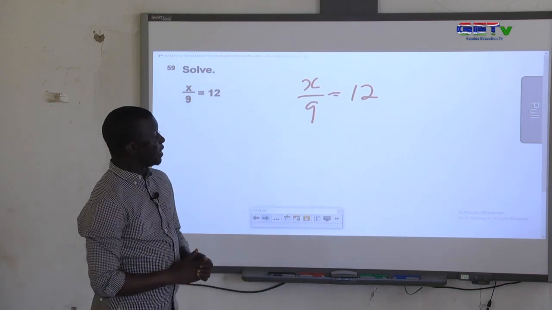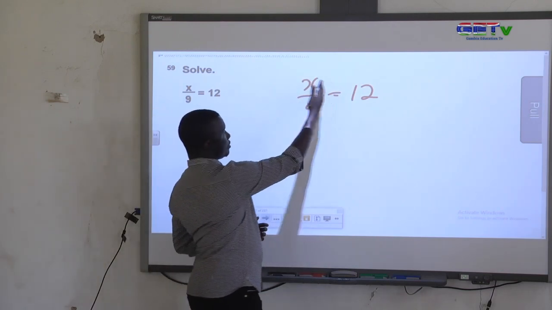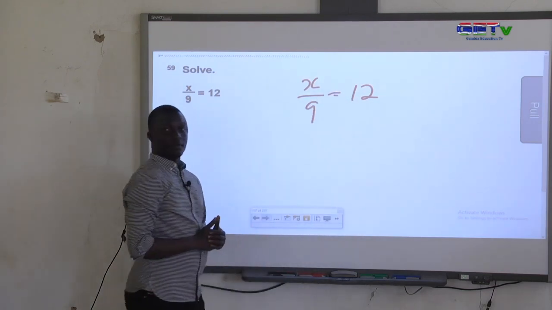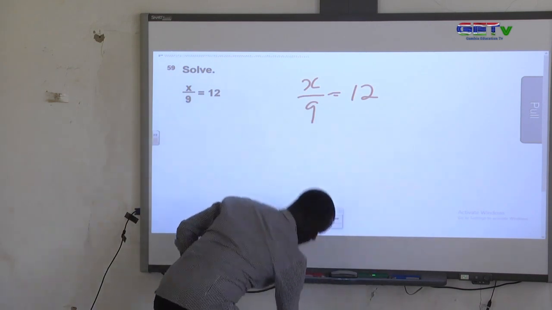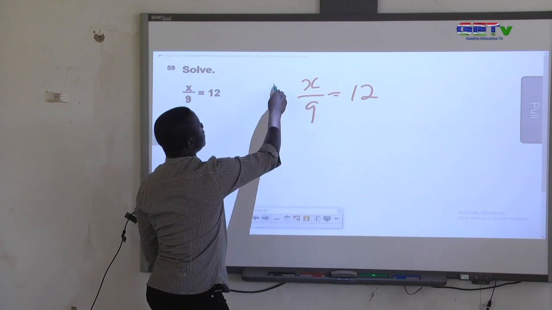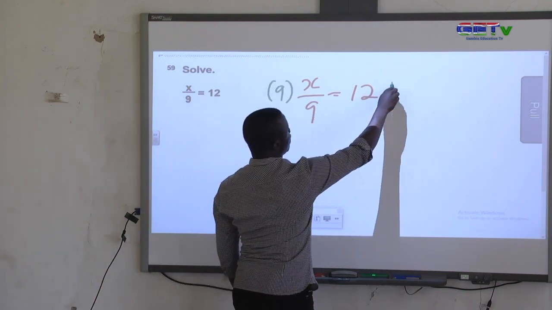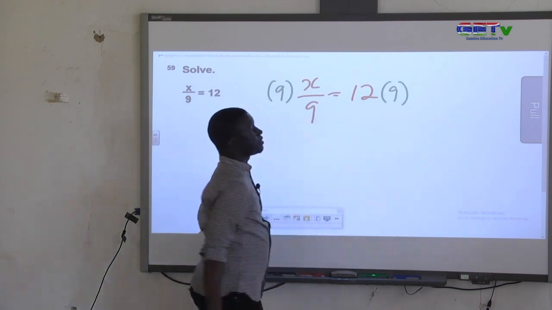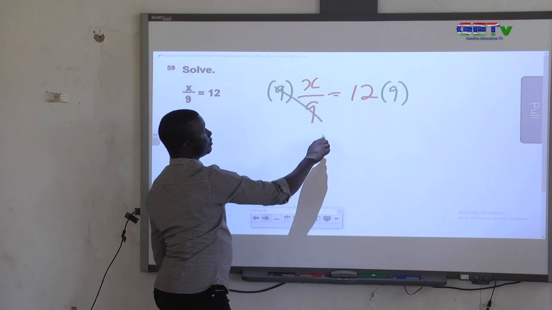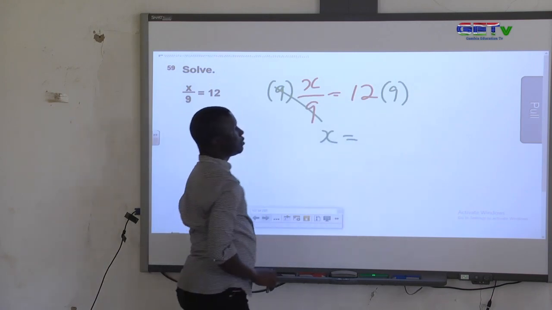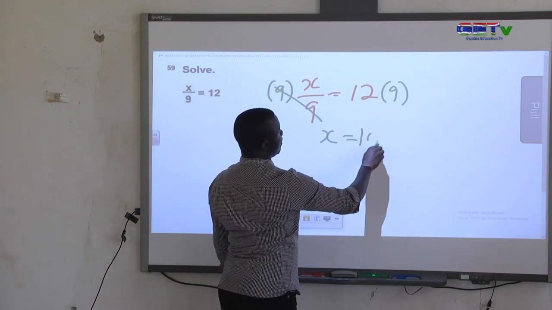All we need to do is multiply both sides by 9, which will help us isolate our variable x. So this will be 9 times x over 9 equals 12 times 9 as well. This cancels out. We have x equals 12 times 9, which is 108.